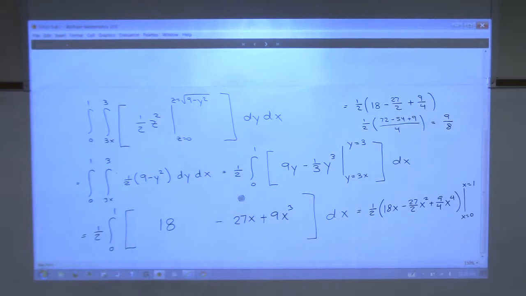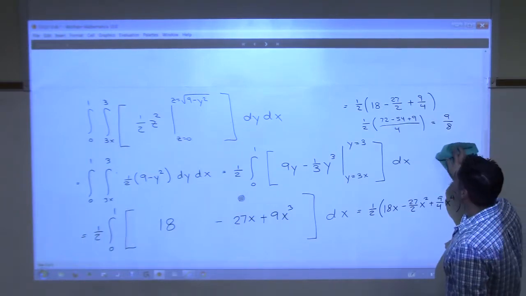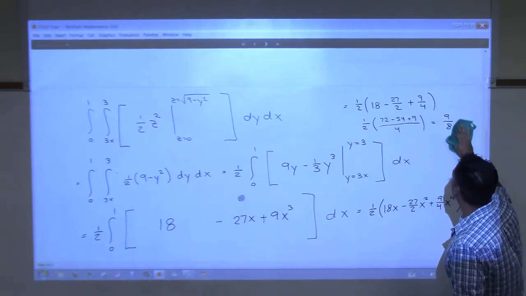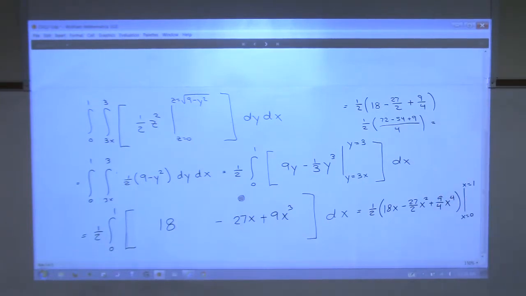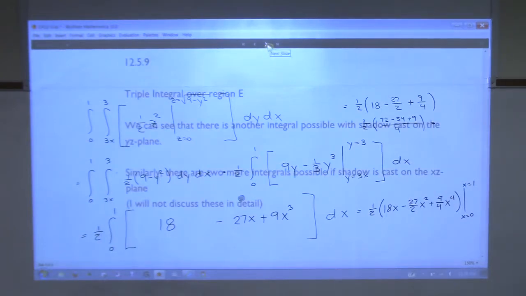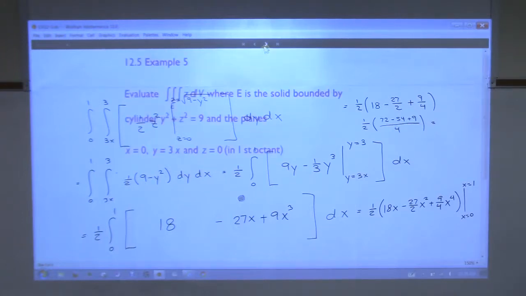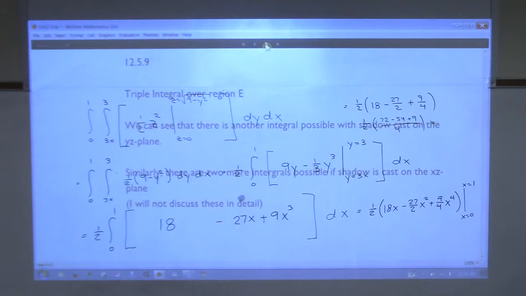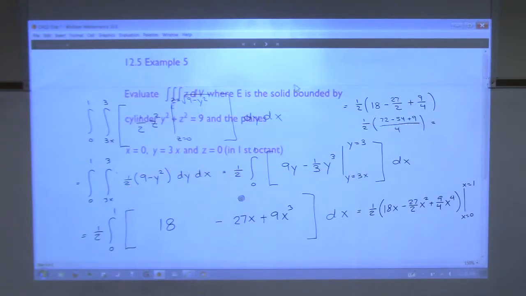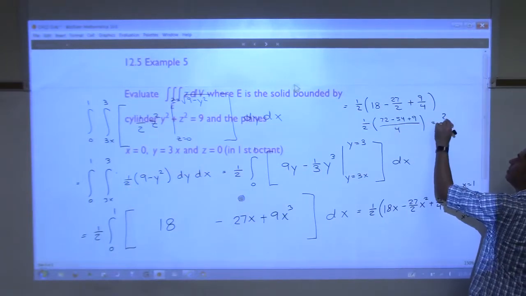You got 27 over 8? Yeah, it's negative. Oh my goodness. Okay. Yeah, it's 72 minus 54. Well, the thing is, I have the computer did it for me. Did I not have the computer do it? I thought I had the computer do it. All right, I'm not going to do it. 27 over 8? Yeah. All right. I think if enough of us agree that it's 27 over 8, then it has to be 27 over 8.